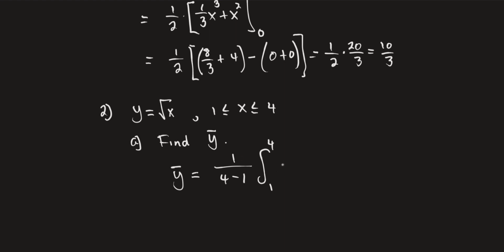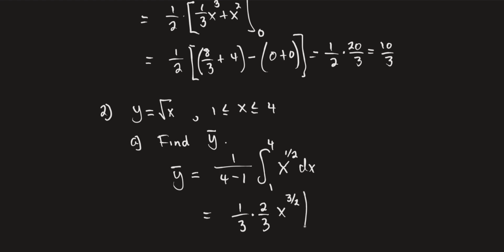And as soon as I see the root, I know I need to rewrite it as a power, and that power is 1/2, right? So we have 1/3, and then using the power rule, so add 1 to the power becomes 3/2. Dividing by 3/2 is the same as multiplying by 2/3, right? And then I have x to the 3/2.